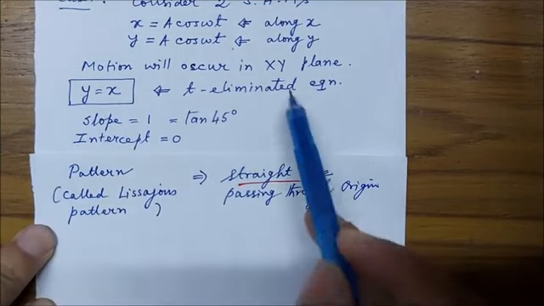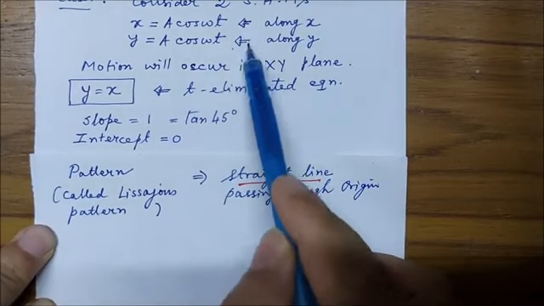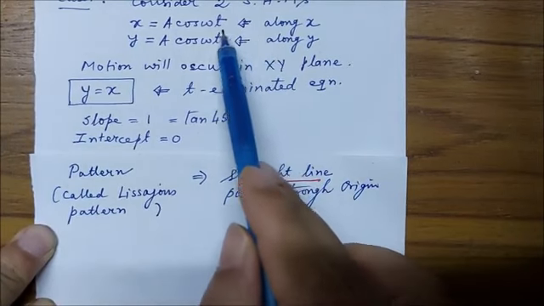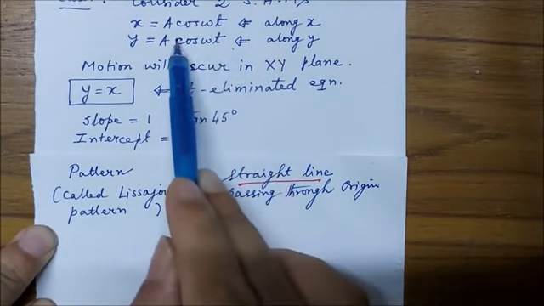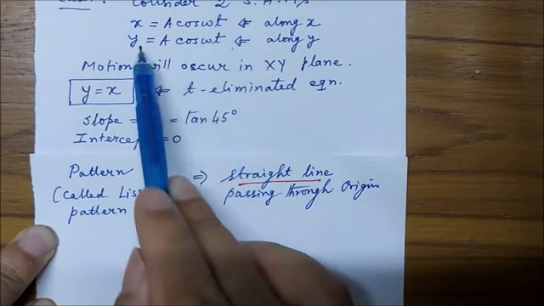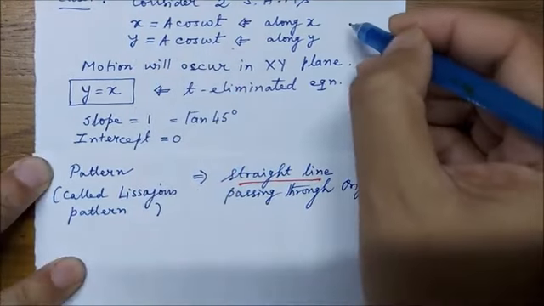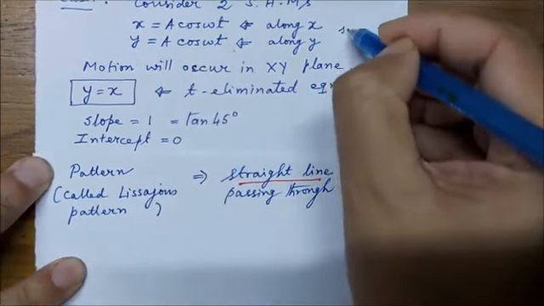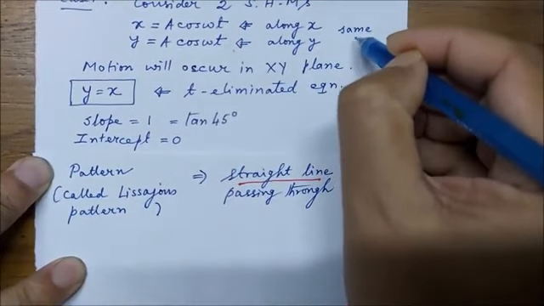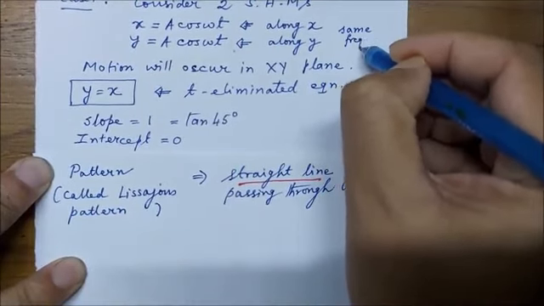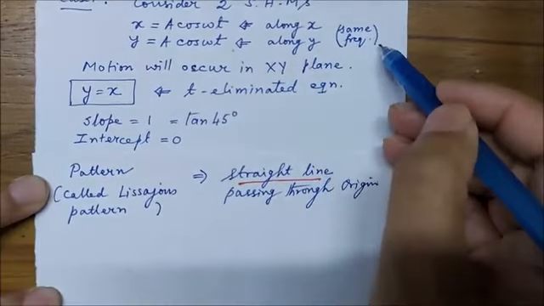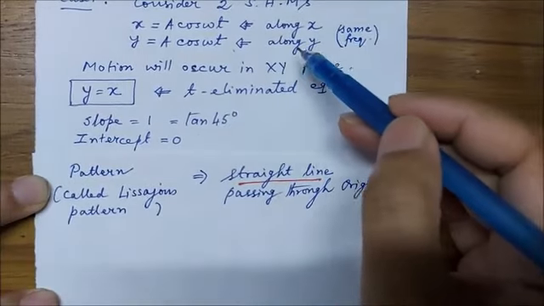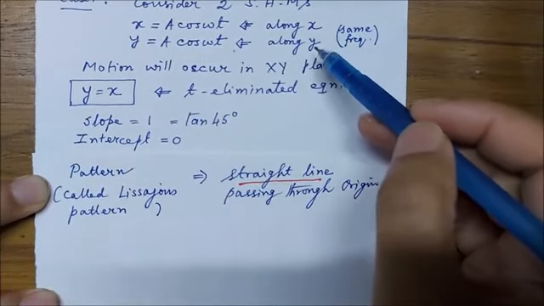This is for the case of two oscillations which are perpendicular, having same frequency and are identical in form. So this is an important thing to note, that they have same frequency. Also they have same amplitude, but one along x and the other along y.